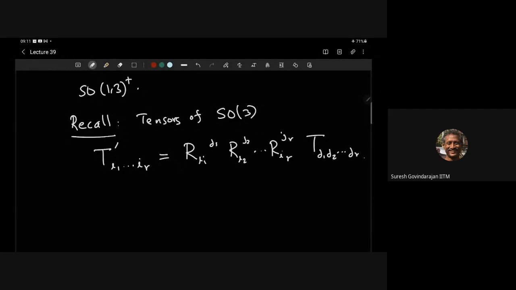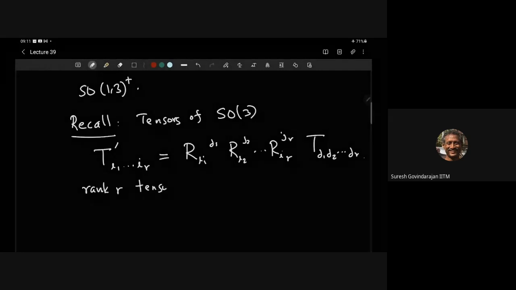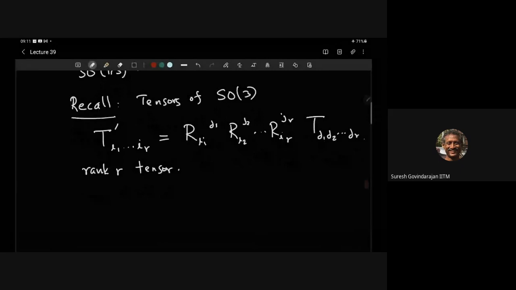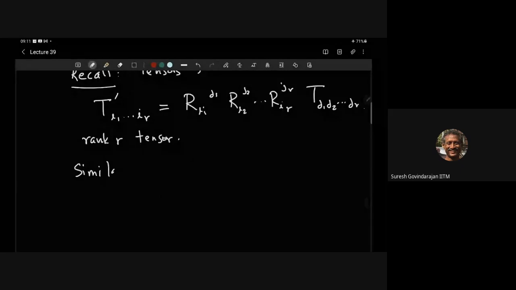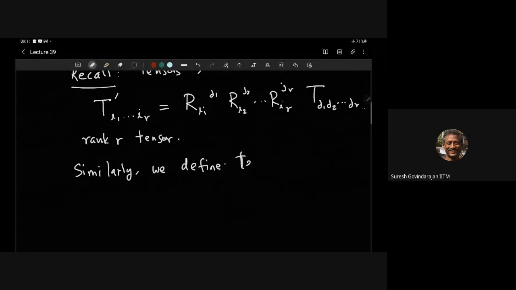This is a rank R tensor. Similarly, we define tensors of SO(1,3)+ by a similar formula.